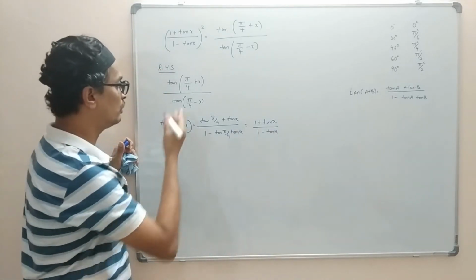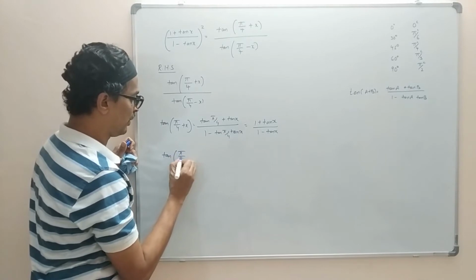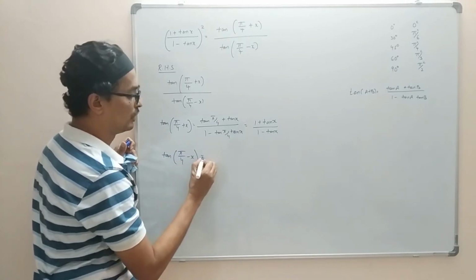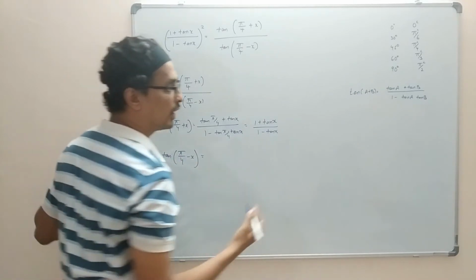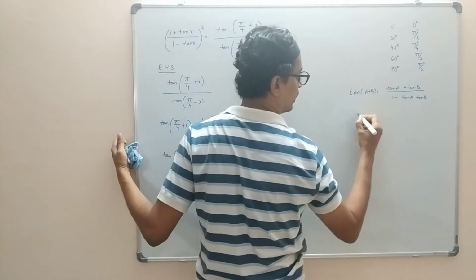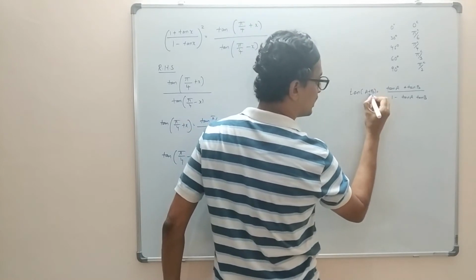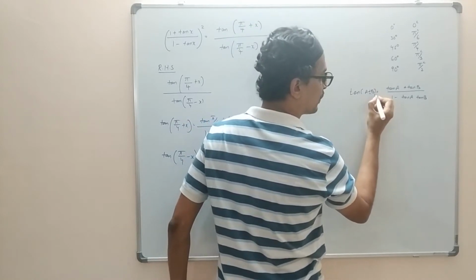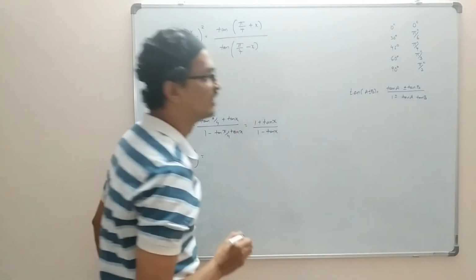Okay, so now do the next one, tan(pi by 4 minus x). Again the same thing, this will be just minus. The way we usually write the combined formula is plus minus in the numerator and minus plus in the denominator.